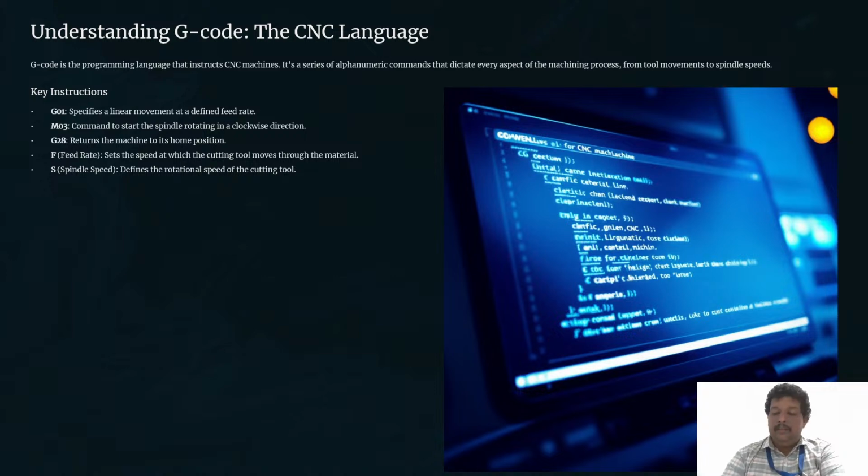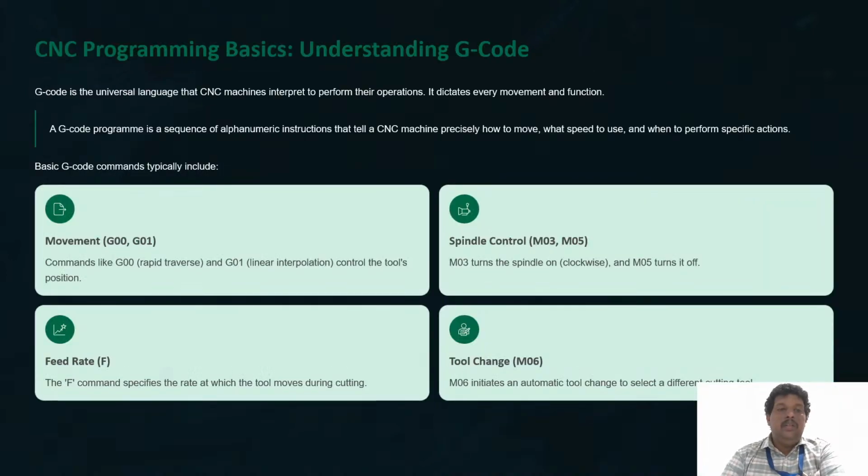Now see, you can see here, G code is a universal language. It's a sequence of alphanumeric instructions that tells a CNC machine precisely how to move, what speed to use, and when to perform specific actions, as I explained. So basic G codes: G00 and G01 are rapid traverse and linear interpolation, which I explained already.